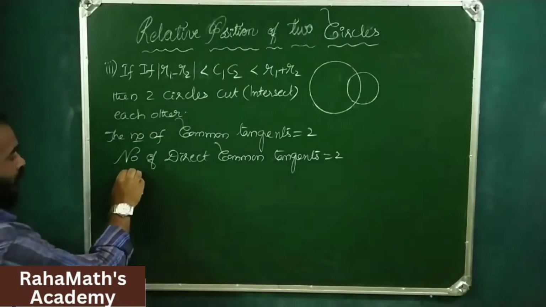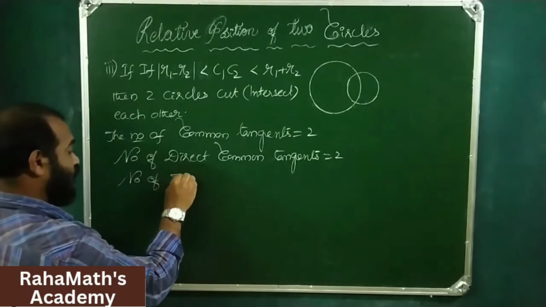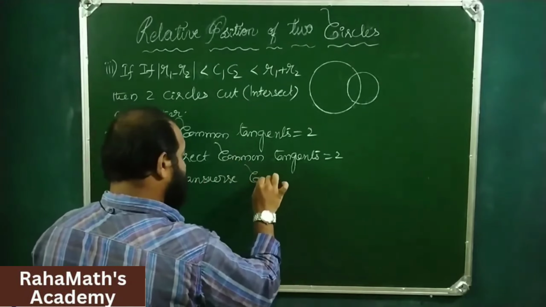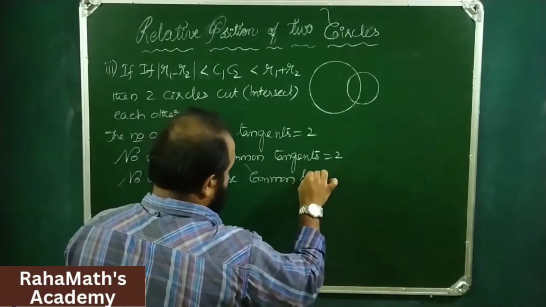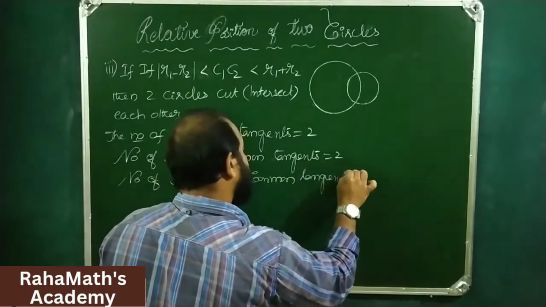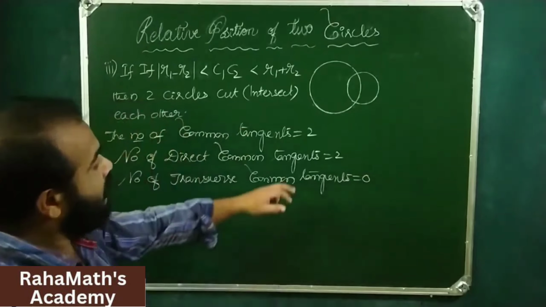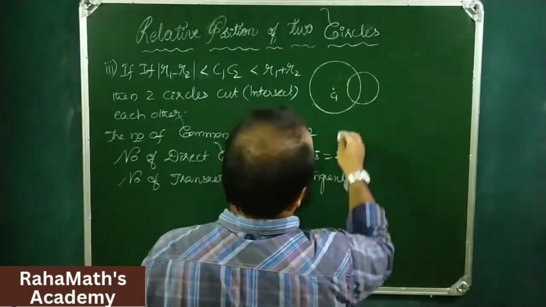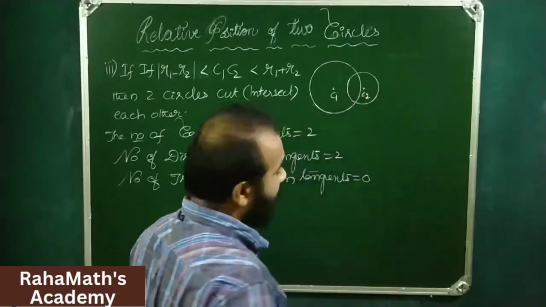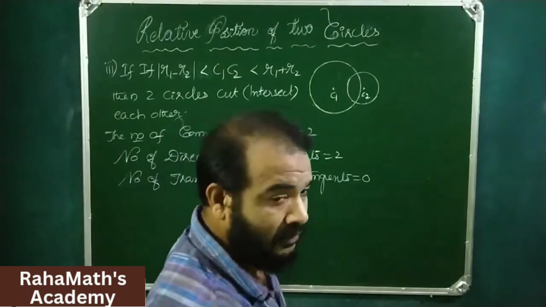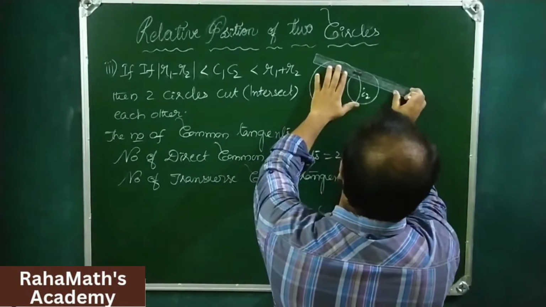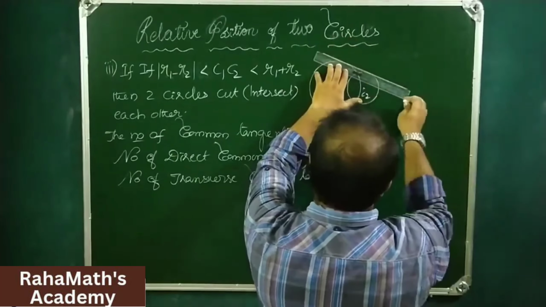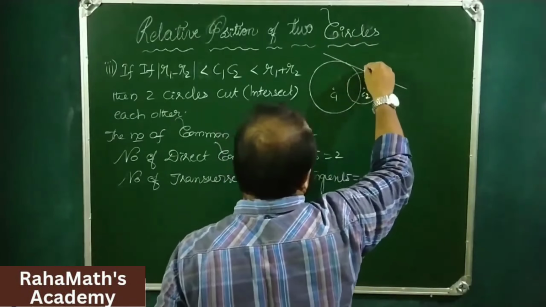So the number of transverse common tangents is equal to 0. How? We'll see now. So these are the two circles, they are intersecting each other. Okay, and so this is one line common to both the circles. So these are the points of contact.